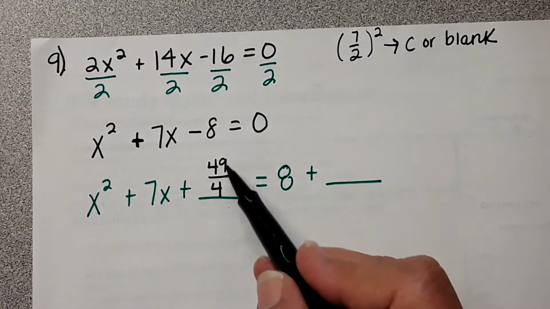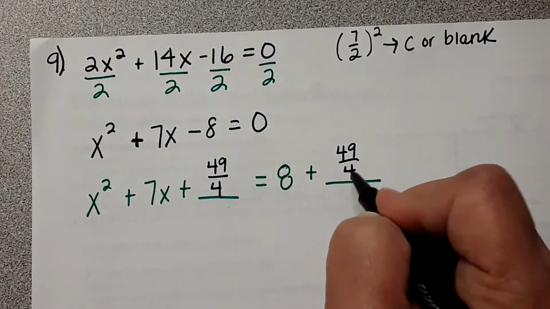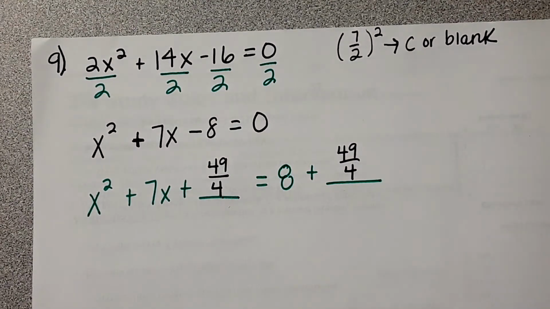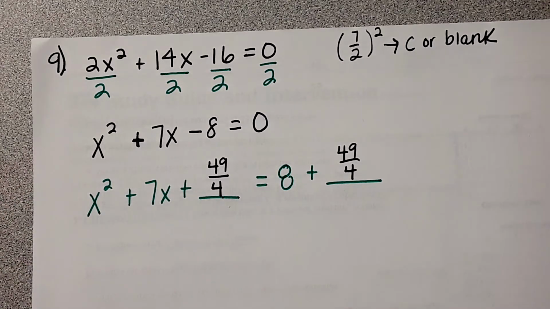If I put 49 fourths here, I have to put 49 fourths here. Now, 49 fourths comes out as a pretty decent number, right? If you divide it, you get a pretty good decimal. So if you want to try the decimal version, that's fine. I'm going to stick with the fraction because they're both perfect squares.